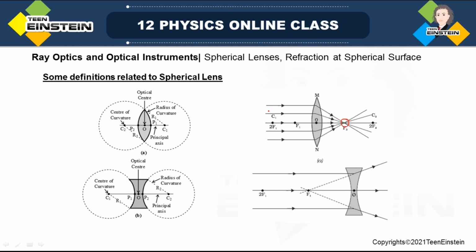That means if there are rays parallel to the principal axis, after refraction they meet at a point on the principal axis, and that point is a real point. That's why it is called the real focus, and this is also called the principal focus.